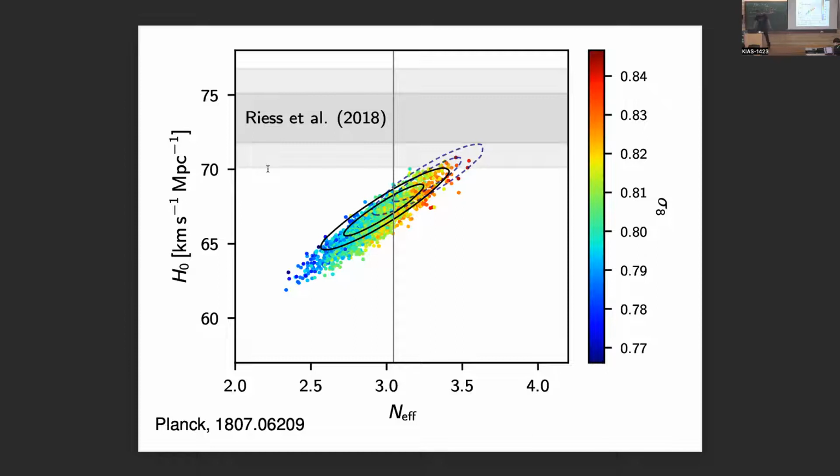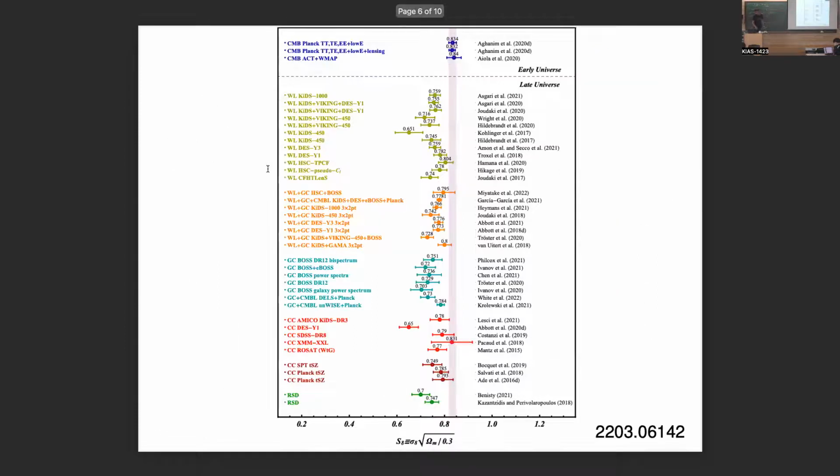This is shown here in a nice compilation in the Snowmass white paper on cosmological tensions, and that's the arXiv number. So here's sigma 8, and I think the blue band is the CMB. Up here are Planck measurements, and then down there are weak lensing measurements.